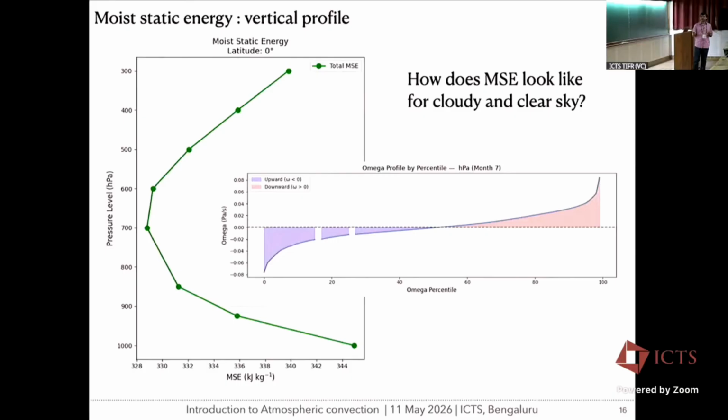So if I now plot the MSE profile for the same grids where I have the negative vertical velocity, I can say that's my moist static energy profile for cloudy region. And when I compare it with moist static energy plotted for this part of omega or vertical velocity, then I have MSE for clear sky.